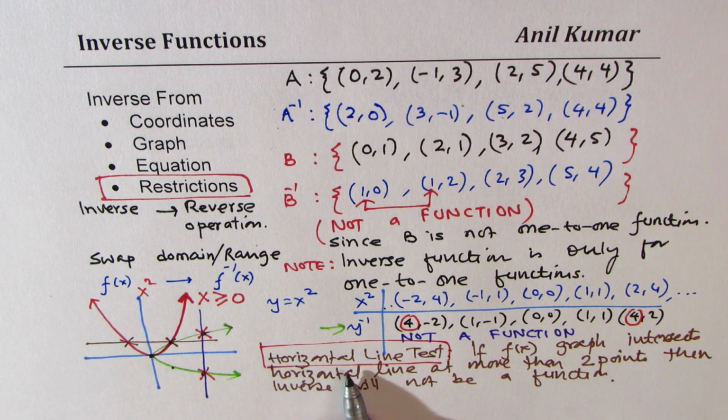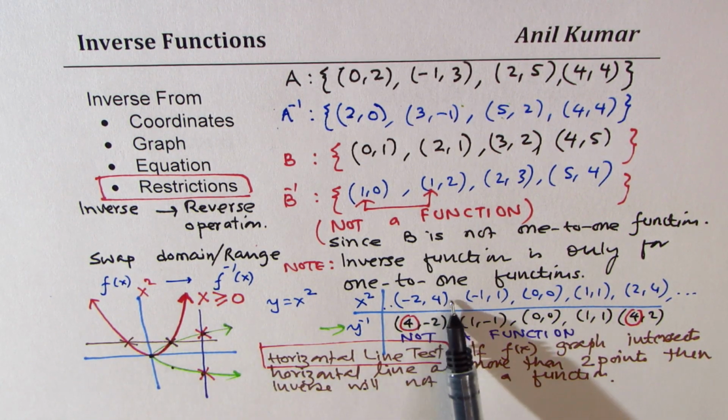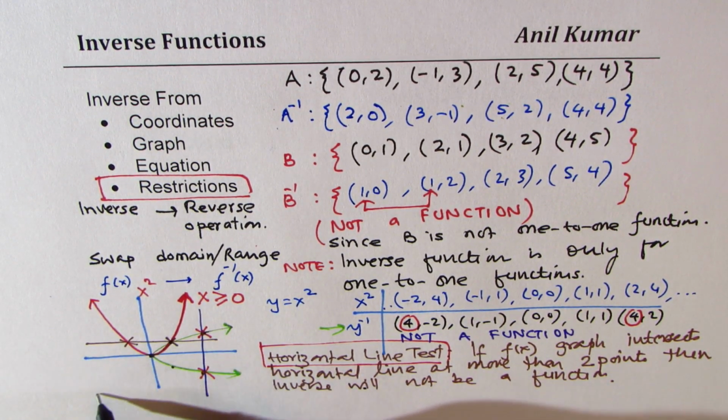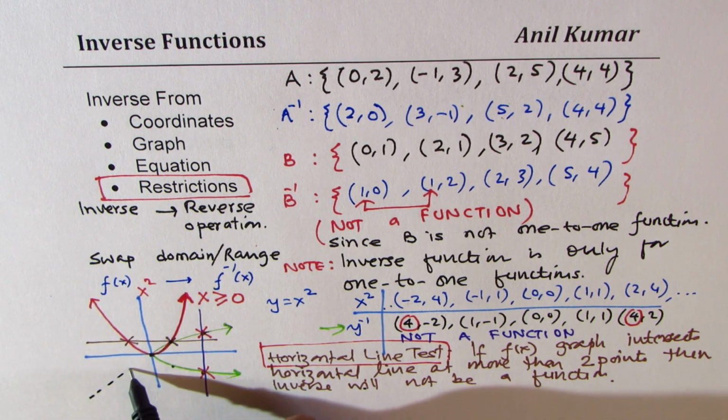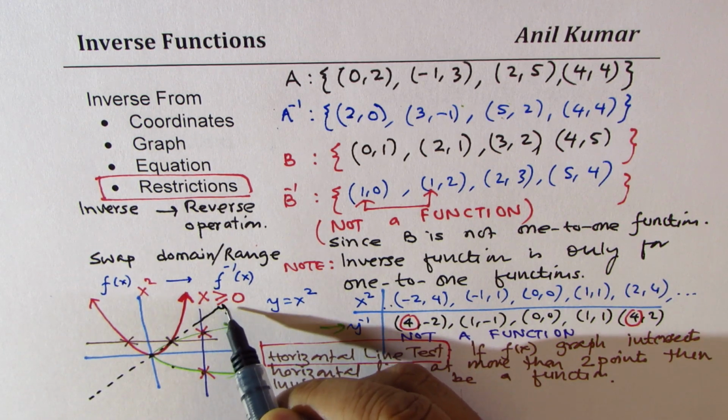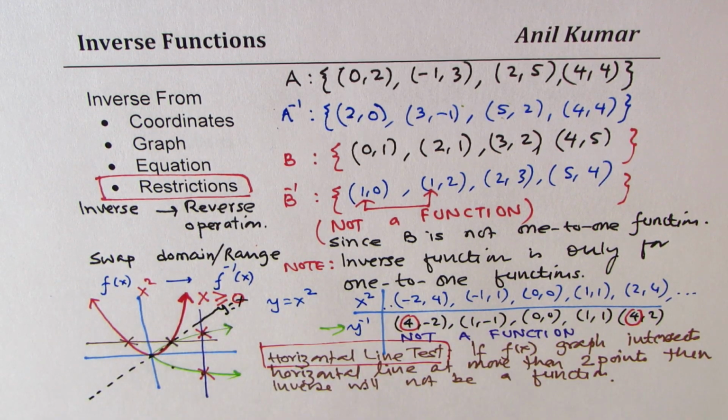We could do the horizontal line test to check whether the inverse will be a function or not. One more thing which you will notice here is that we are actually swapping the points. It really means that all the points could be graphed by reflecting points on the line y equals x. We'll explore this in more detail now.